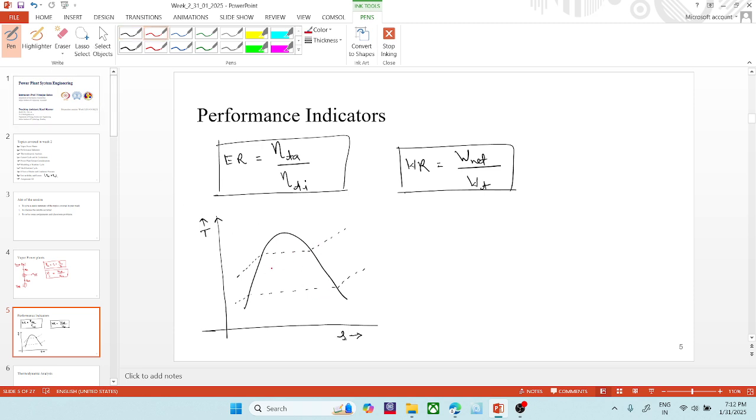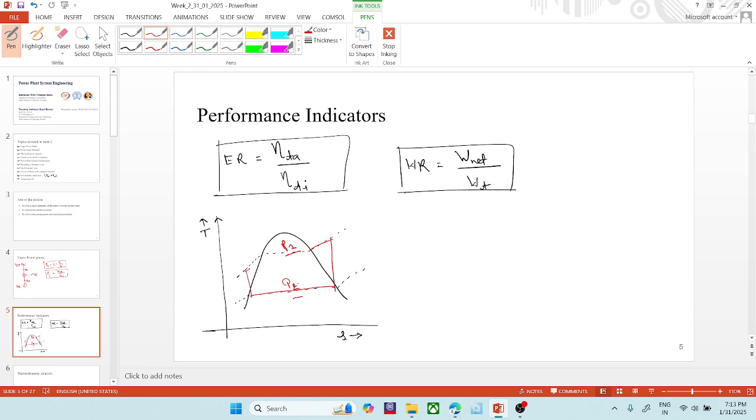Let me take the processes. This is the condenser pressure P1, the lower pressure, and this is pressure P2. This is the boiler pressure, and this is the condenser pressure. So the Rankine cycle will be like this.